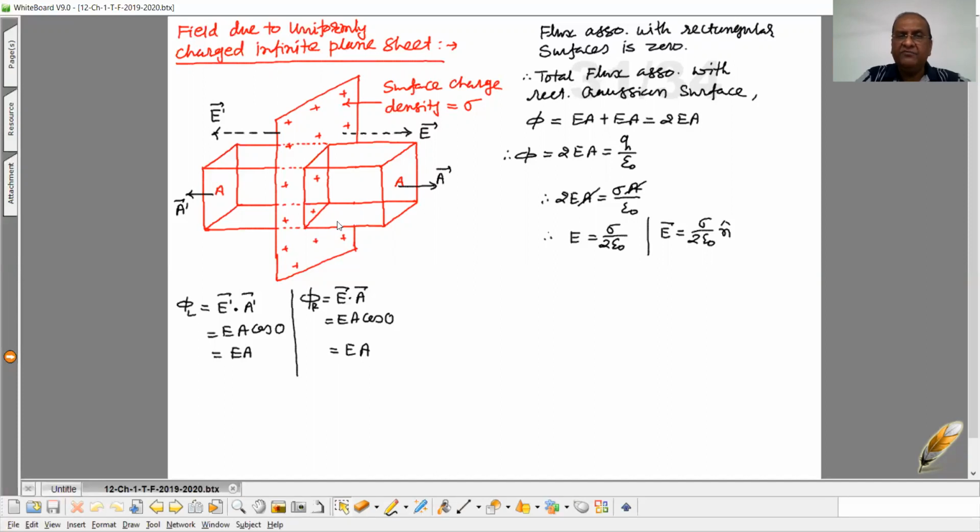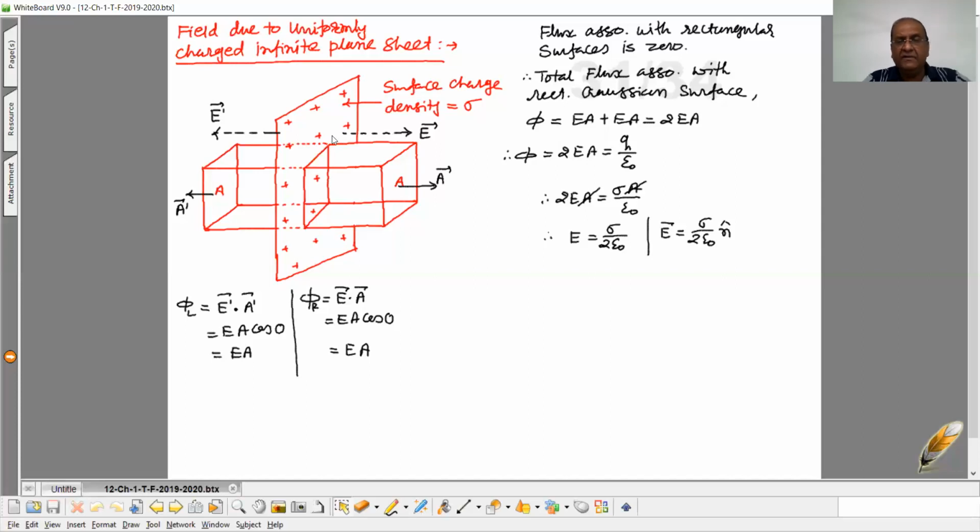Now, if we consider this cross-sectional surface on the right hand side and this particular cross-sectional surface on the left hand side, suppose its area is A.